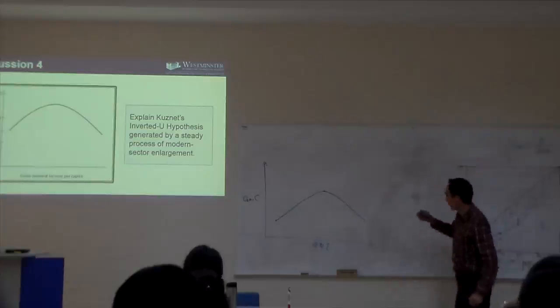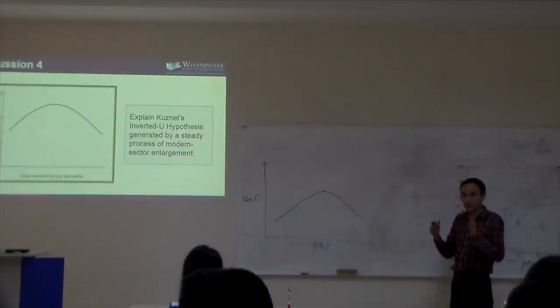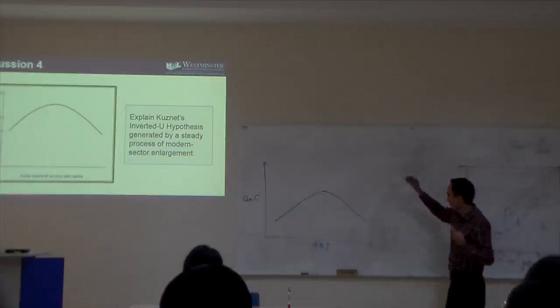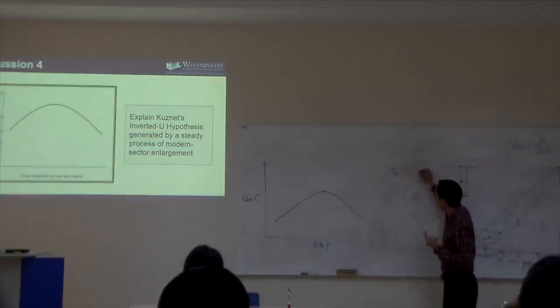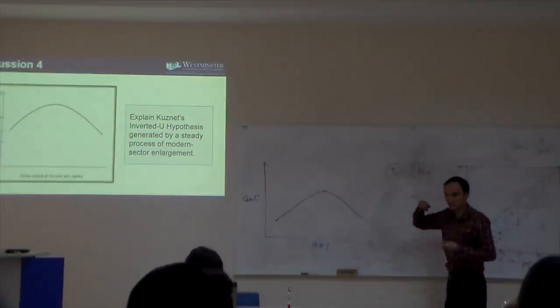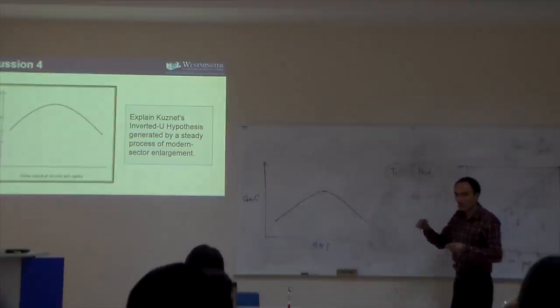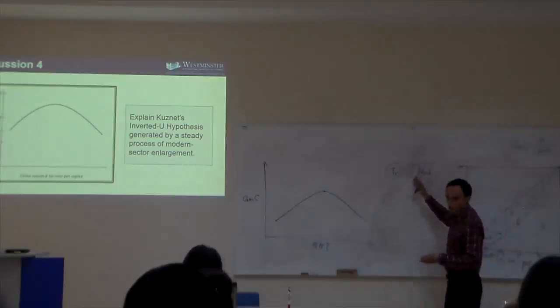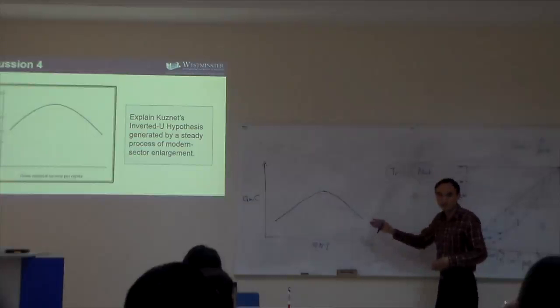So again, listen carefully. The economy consists of two sectors, right? Traditional sector and modern sector. So if a country wants to grow, which sector do you think contributes more?